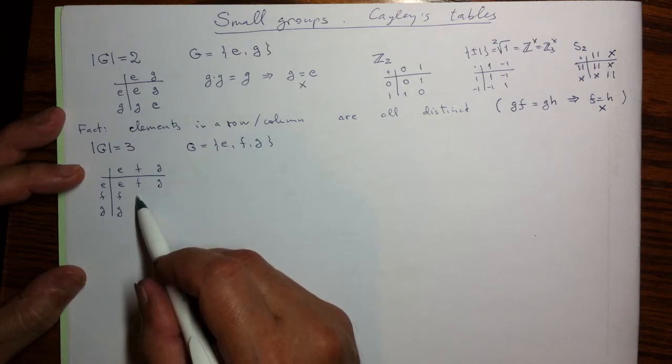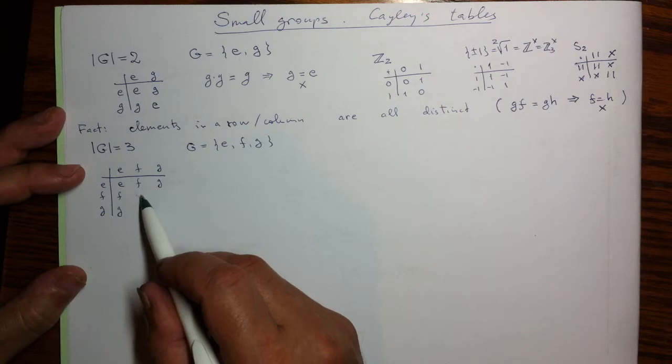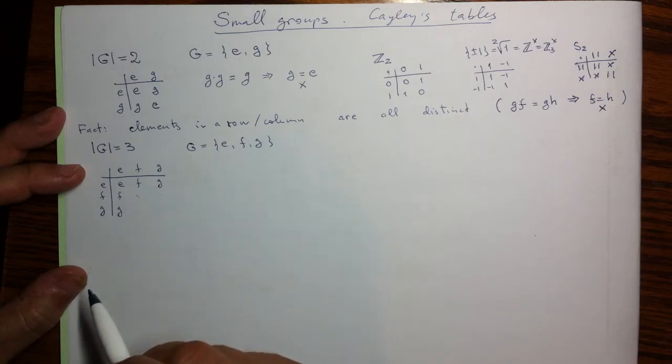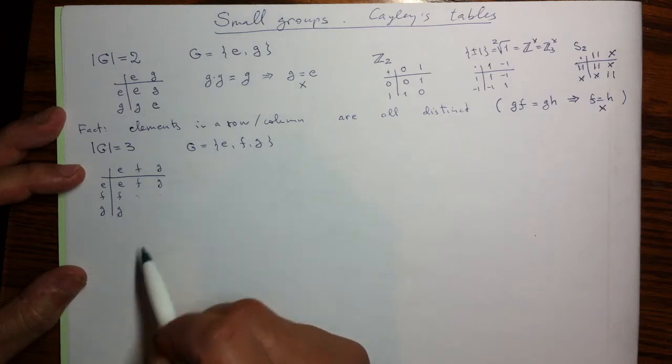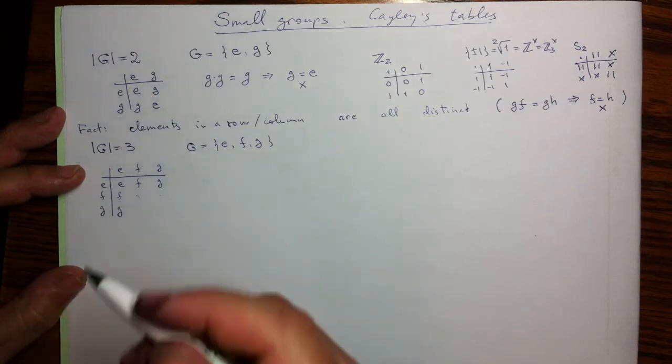There will be too many f's in a single row or column. We can put the identity or g. If we put the identity, however, we will have a problem, because then we will have to put g here, since all the elements must appear in this second row, but then we'll have a column problem, because we'll have two g's in the last column. So that, as you can see, is very much like a Sudoku game, but it's way better because it works for any size and it doesn't really take much as the input.